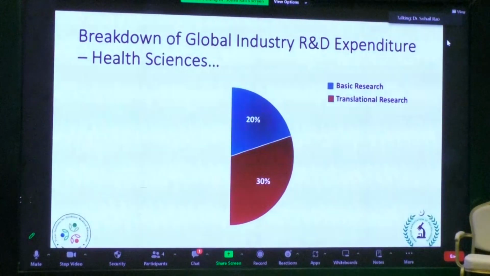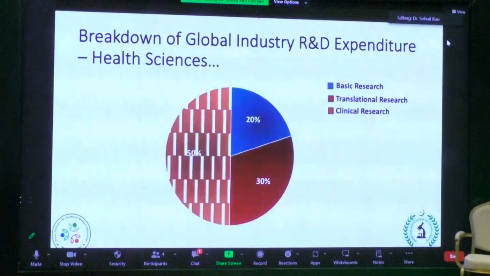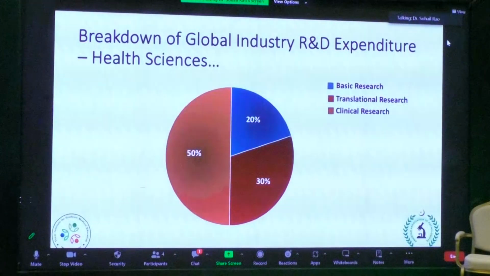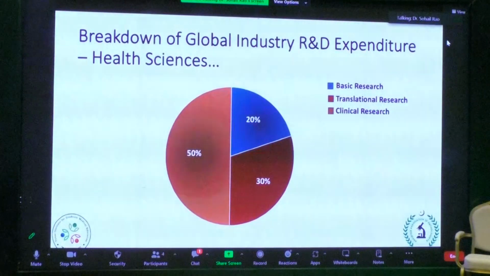About 30% is going into translational research, but the bulk is going into clinical research. In fact, 80% of the funding that industry does in health sciences is going into one or the other form of clinical research, whether it is translational from bench to bedside, or from bedside to bench, and half of it is going into pure clinical research.